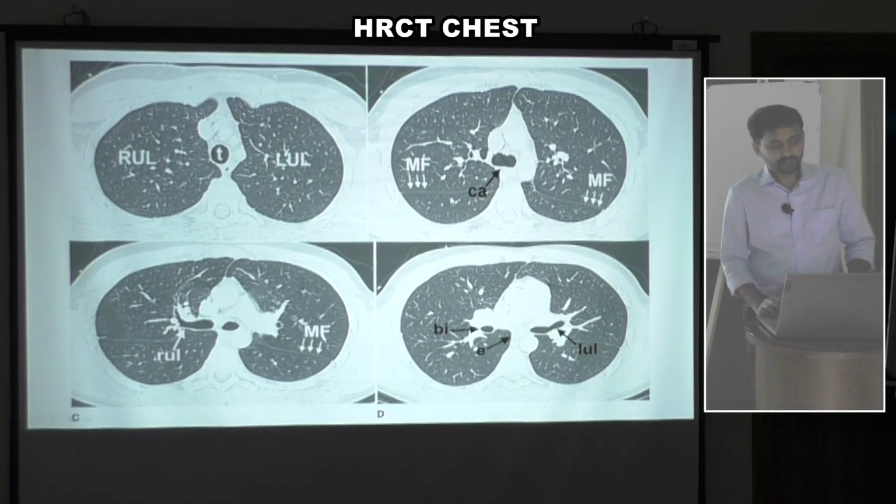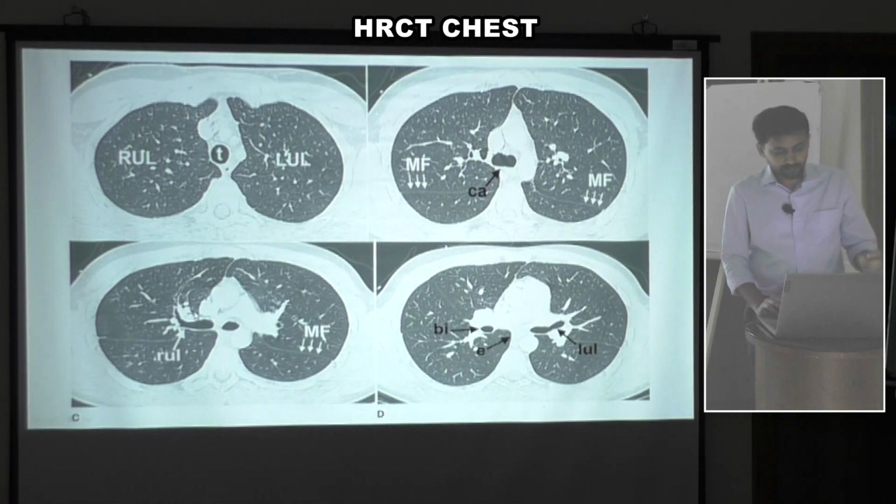This is the major fissure, which divides upper and lower lobes. Once the carina divides and the secondary division of the bronchi starts, every segmental bronchus appears, and that's how we read segments.